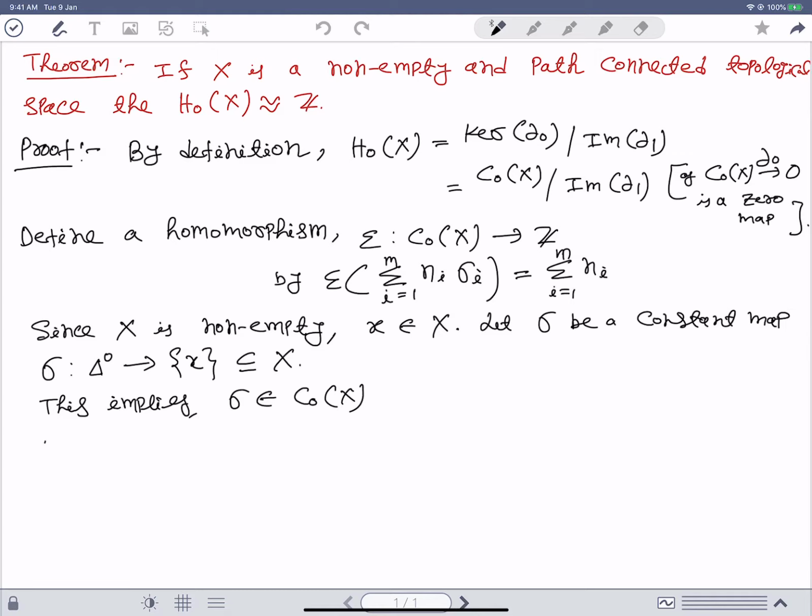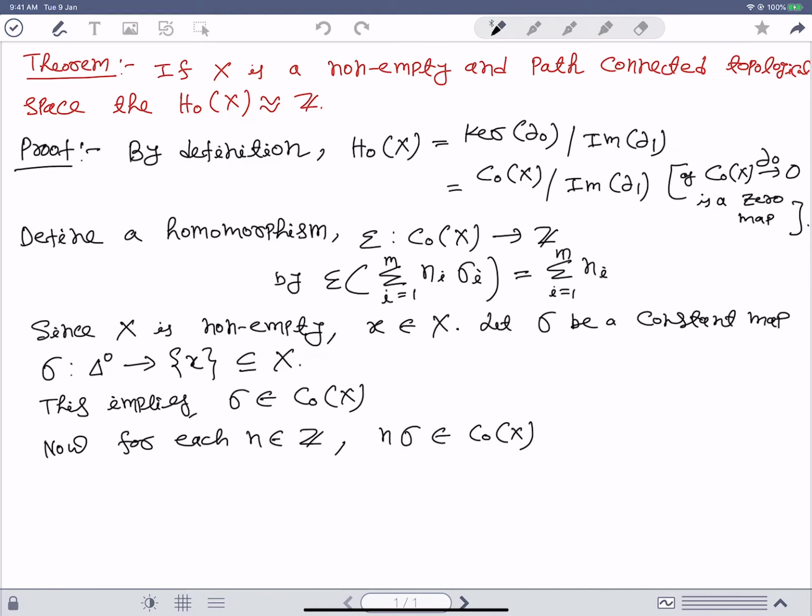Now for each n belonging to Z, that is for each integer n, we have that n sigma belongs to C0 of X, right, because sigma is in C0 of X and C0 of X is a free group generated by many elements and one of them is sigma.